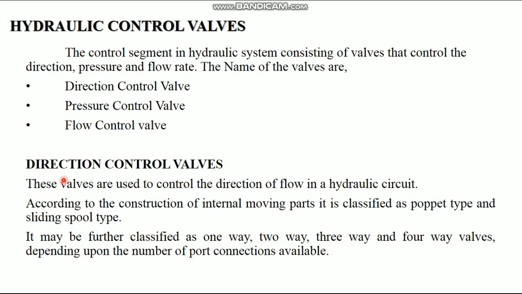Direction control valves are used to control the direction of flow in a hydraulic circuit. According to the construction of internal moving parts, they are classified as poppet and sliding spool type. They may be further classified as one-way, two-way, three-way, four-way valves. Depending upon the application, we have to select the type of ports and the type of positions.